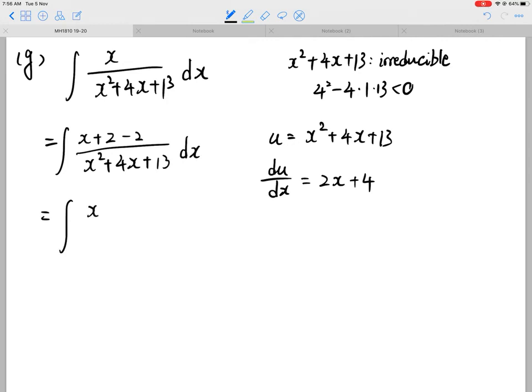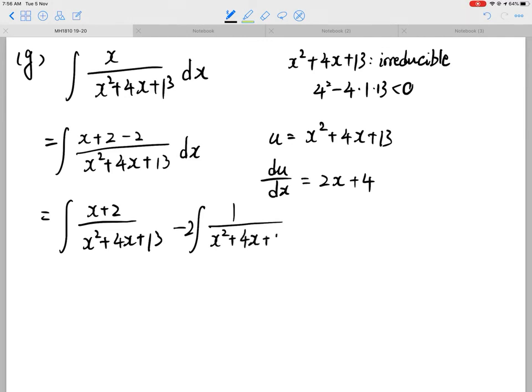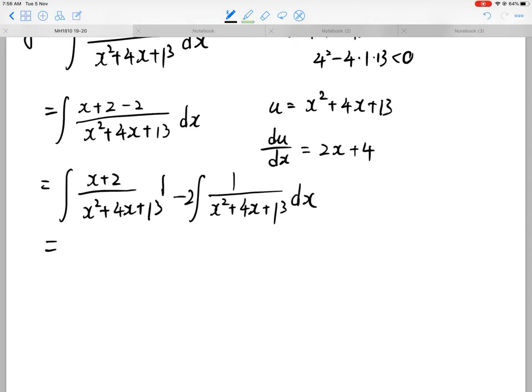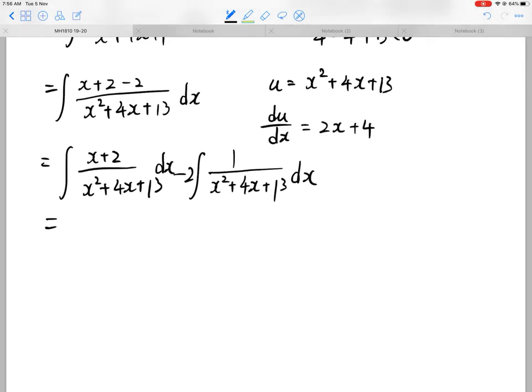So for the first part of this integration, let's just put the 2 outside. I can use the substitution method, right? It should be 1 over u.